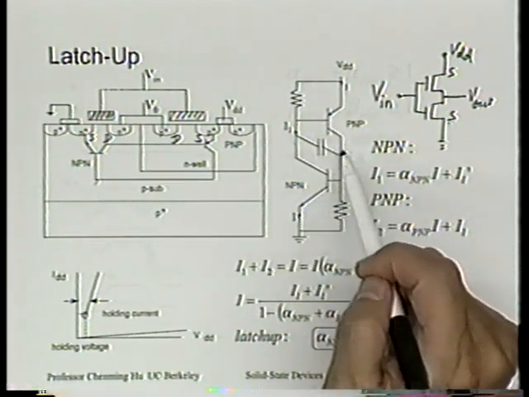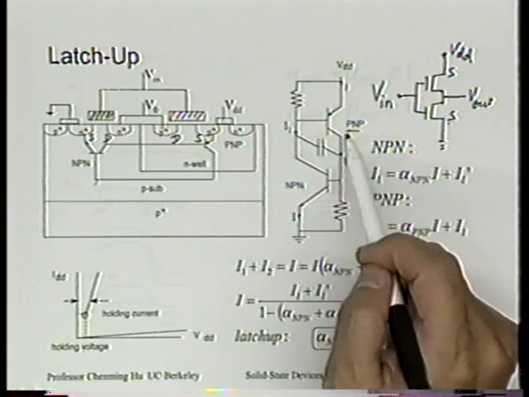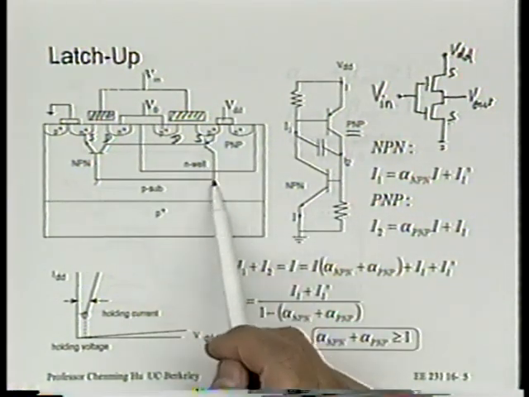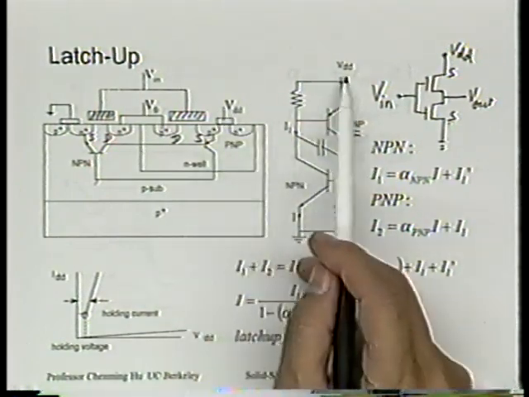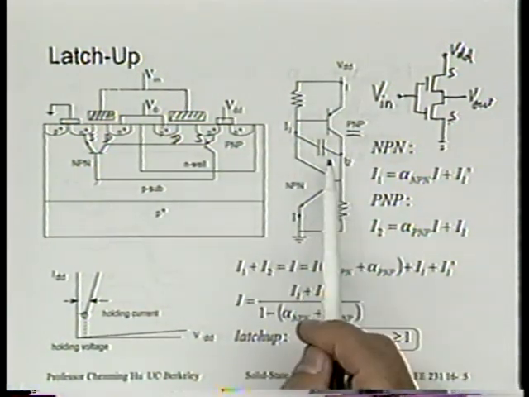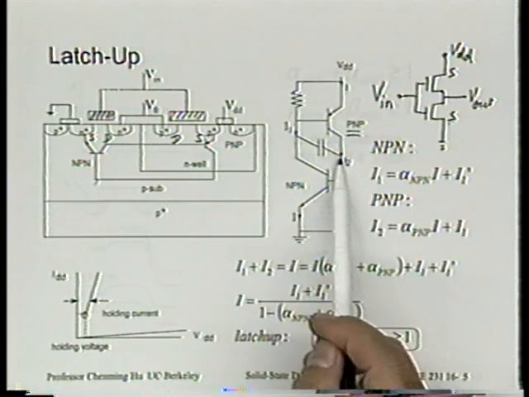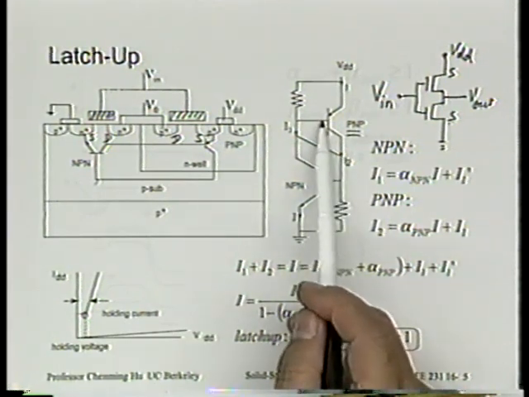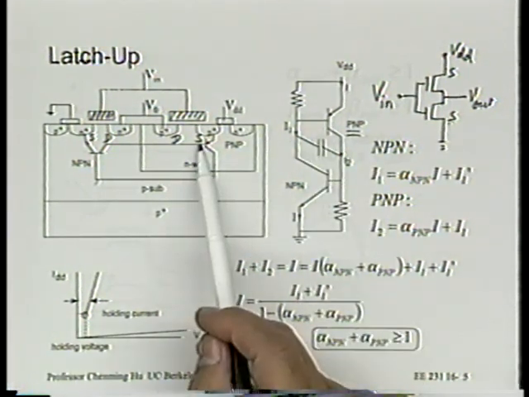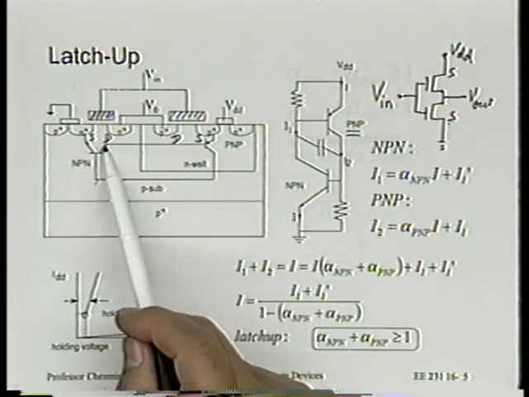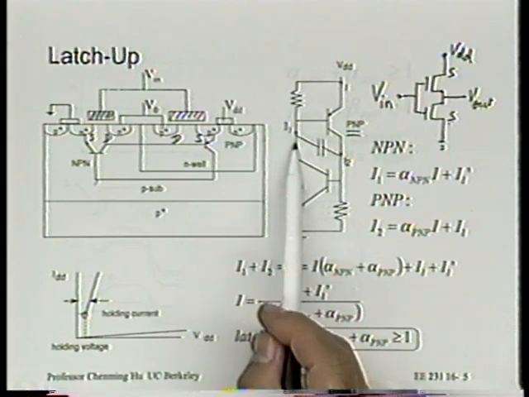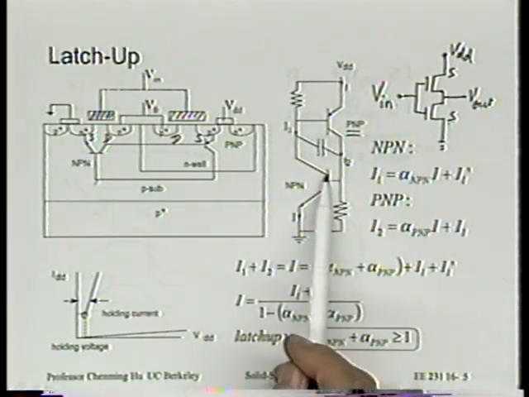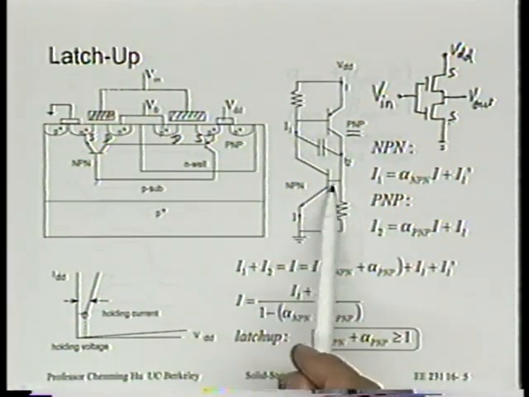The emitter of this PNP transistor is connected to the VDD, so we put that VDD. Now the base of this PNP transistor is also the drain of the NPN transistor. So the base of this PNP transistor is connected to the collector of this NPN transistor.